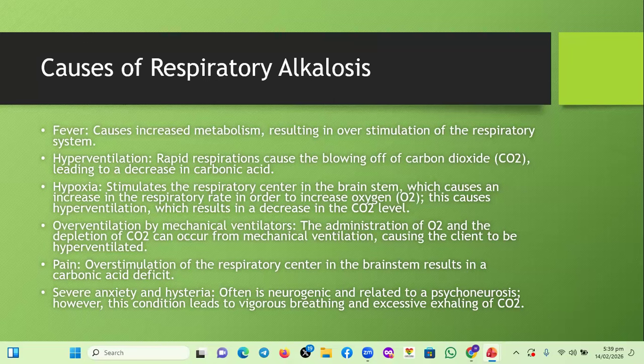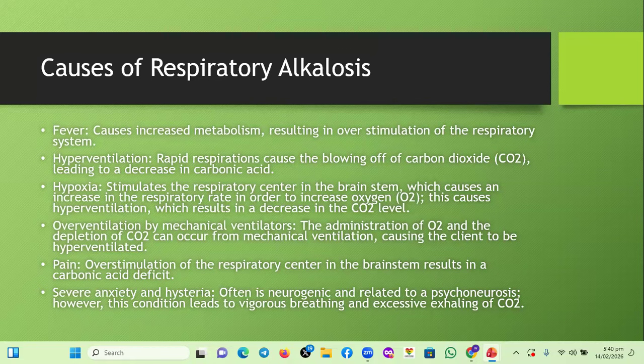Kindly explain the hypoxia again, please. And so I said that hypoxia is a state where you have a reduced oxygen level in the blood. Because of the reduced oxygen levels in the blood, the body will try to compensate by bringing in more oxygen from the environment. In doing so, the respiratory centers will be stimulated.